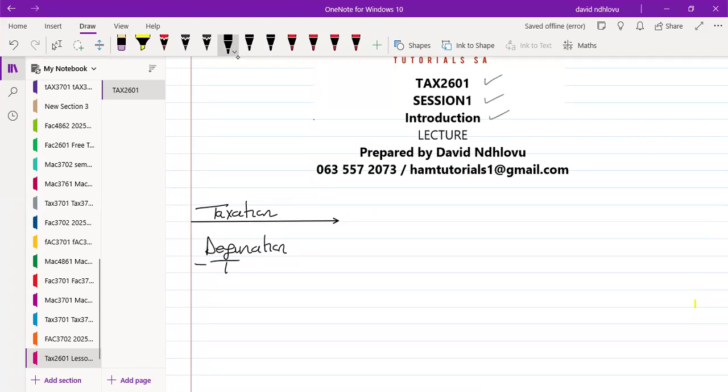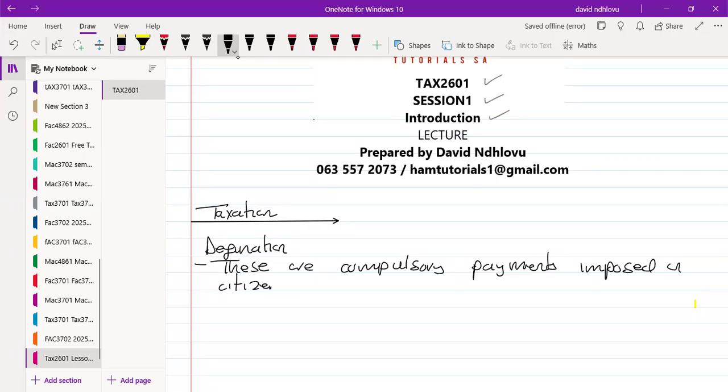These are compulsory payments imposed on the citizens of a country by the government.